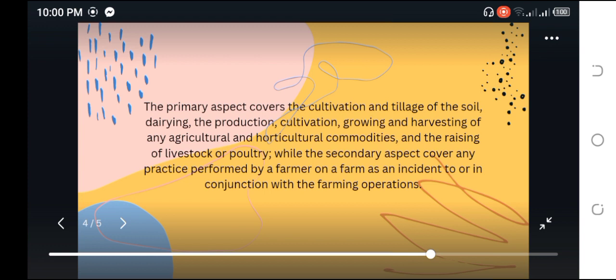While the secondary aspects of farming are additional tasks that farmers do to support the main farming activities, these tasks include maintaining farm infrastructure, ensuring equipment is in good condition, managing records, promoting and selling farm products, and exploring new income opportunities.